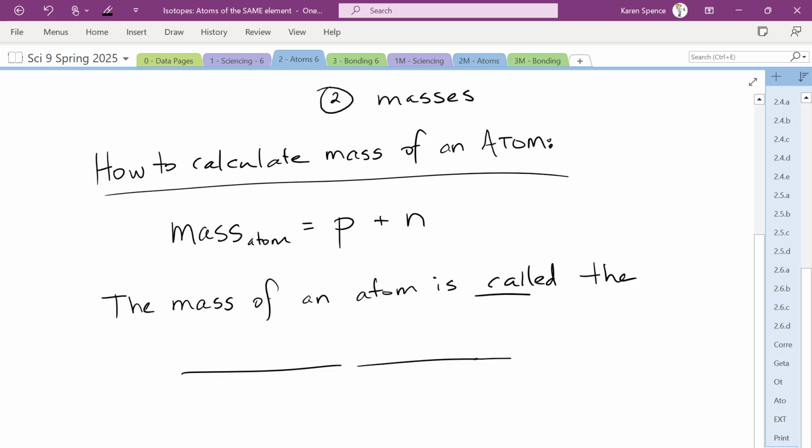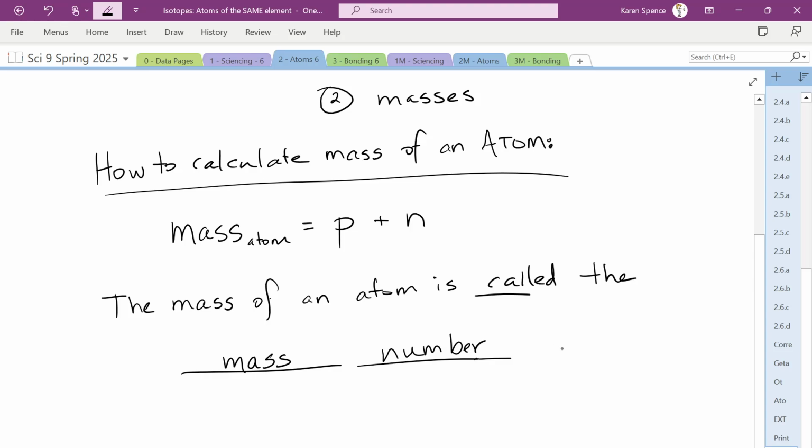Mass of an atom is called the mass number.